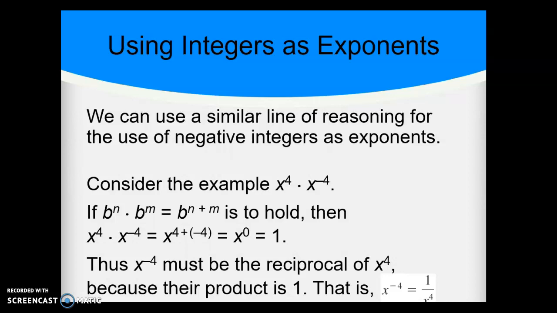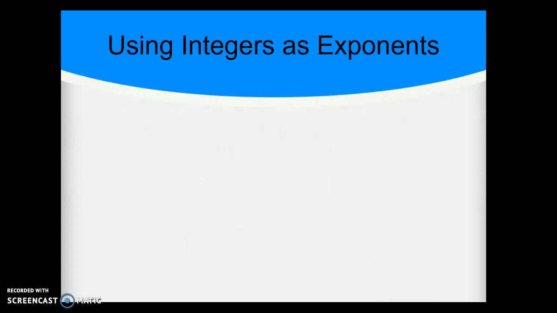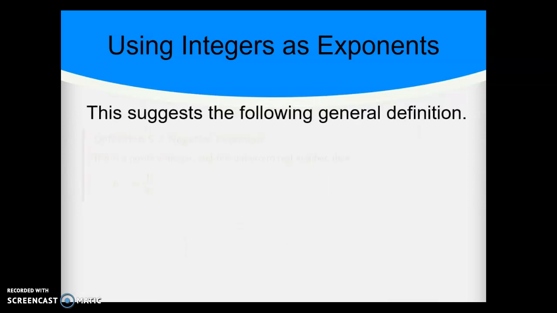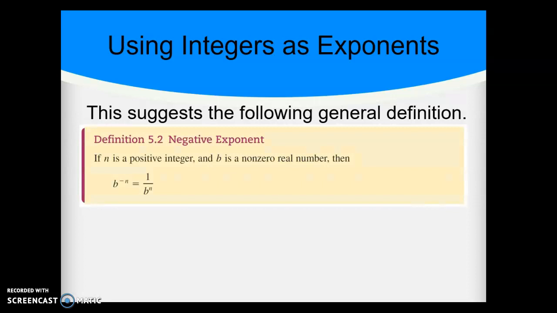And now it will be to the +4 power. So this tells us that any expression raised to a negative number will always be equal to the reciprocal of that base, b, which would be 1 over b, raised to the +n power.